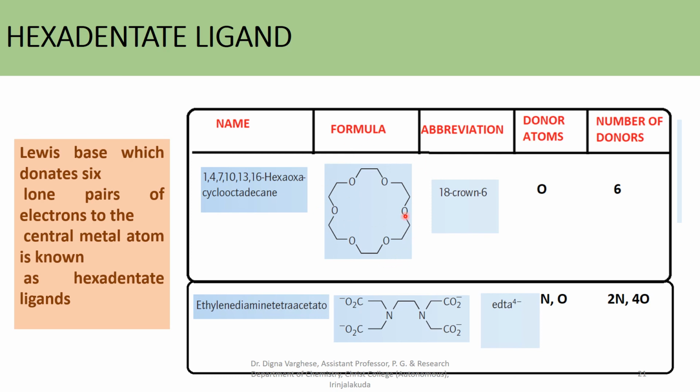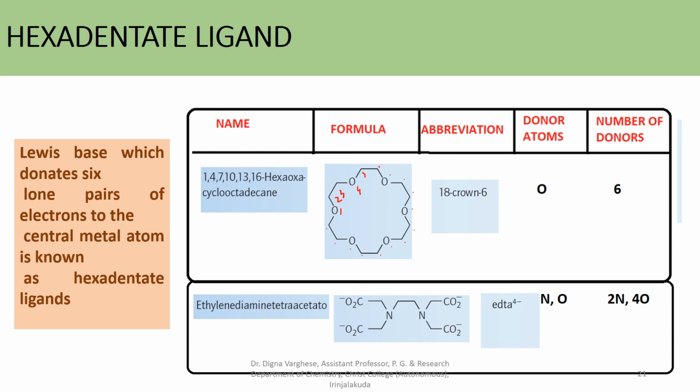It is a crown ether and its abbreviation is 18-crown-6. 18 is the total number of atoms; we can start with this oxygen and count 1 to 18.